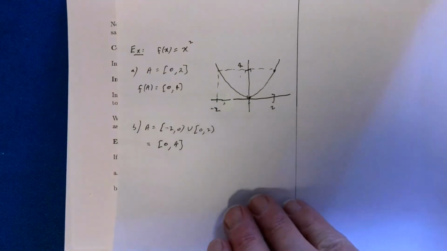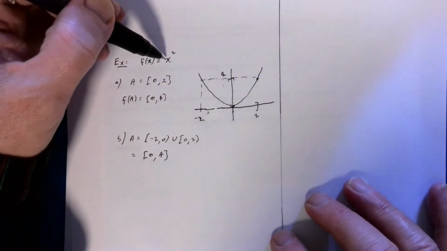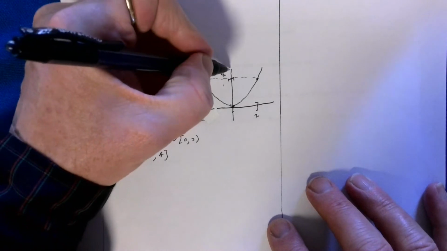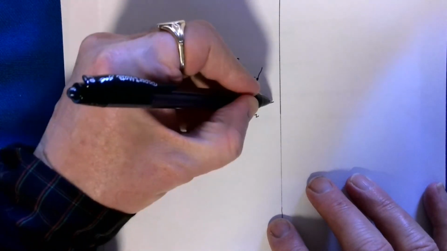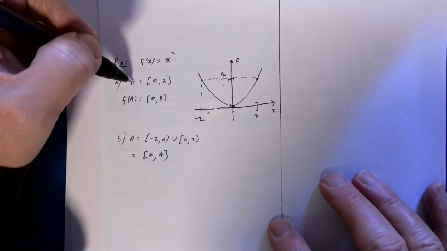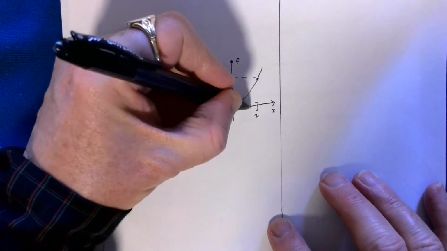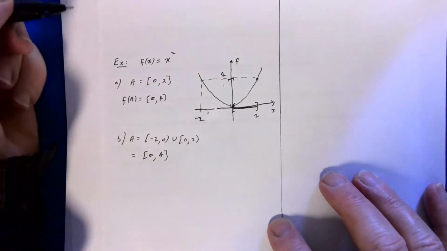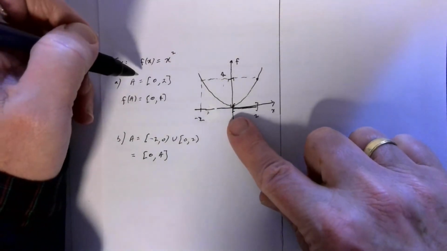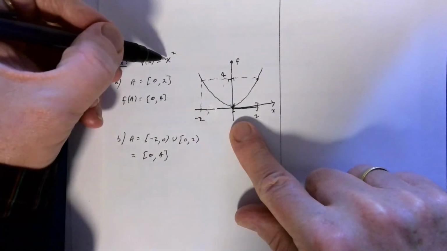So here's the little solution to this. Here's our function, f(x) is x squared. Let me draw a picture again. So there's my f and there's x. Now we've got firstly the set A, which is [0, 2]. So we're taking this interval here on the x-axis, and we're going to see what happens if you take all of the numbers in here and you square them.